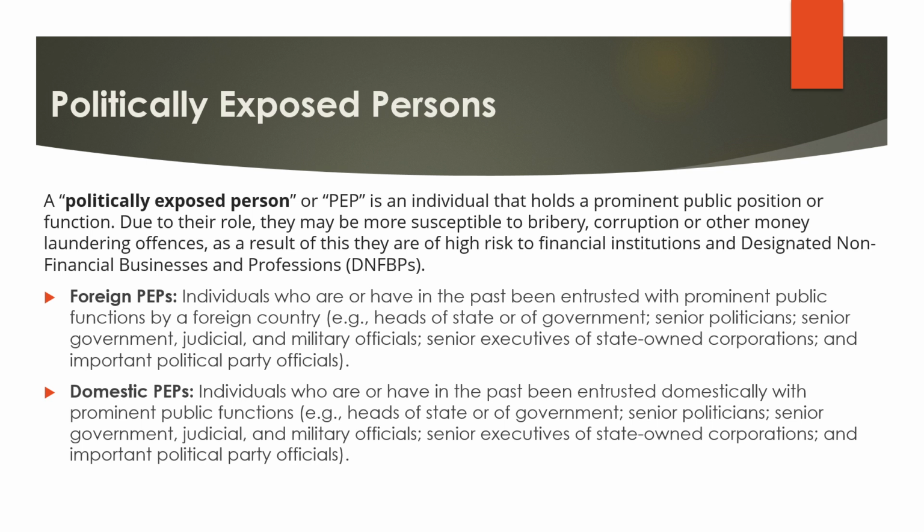Foreign PEPs are individuals who are or have in the past been entrusted with a prominent public function by a foreign country. For example, heads of state or of government, senior politicians, senior government, judicial or military officials, senior executives of state-owned corporations, and important political party officials.